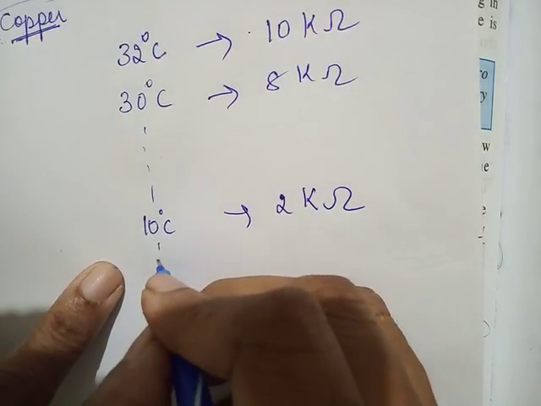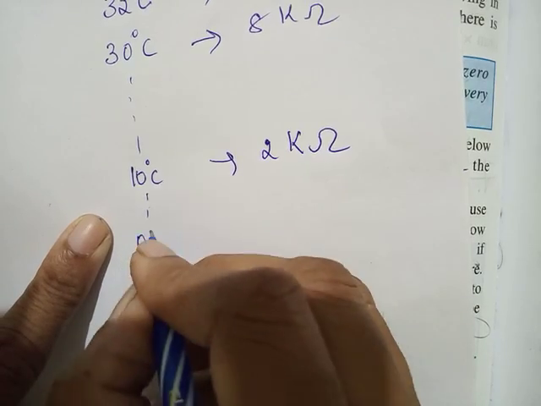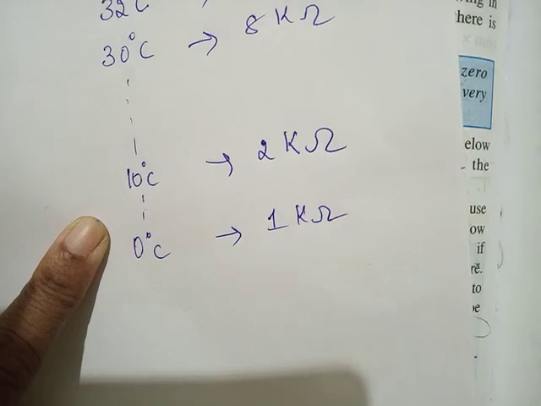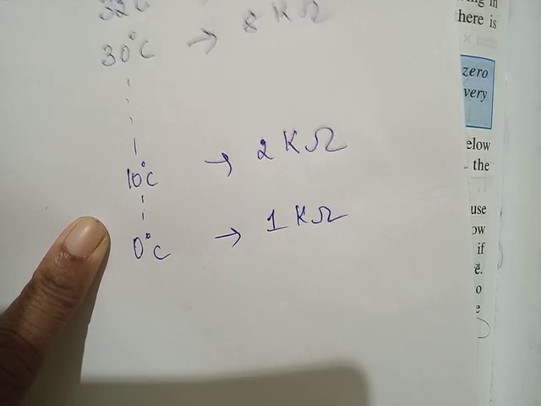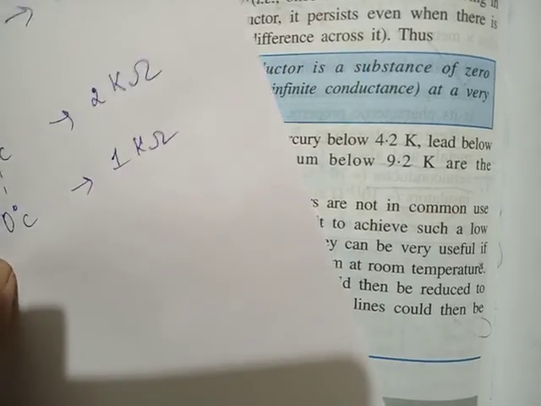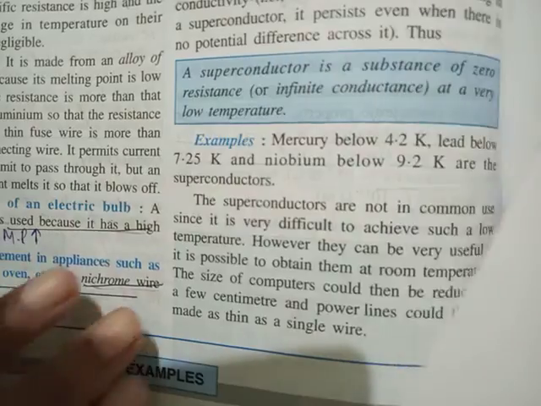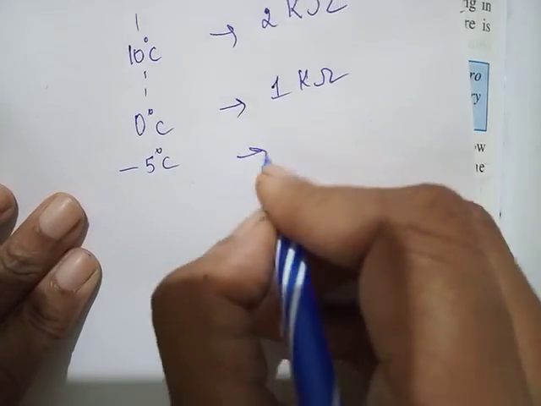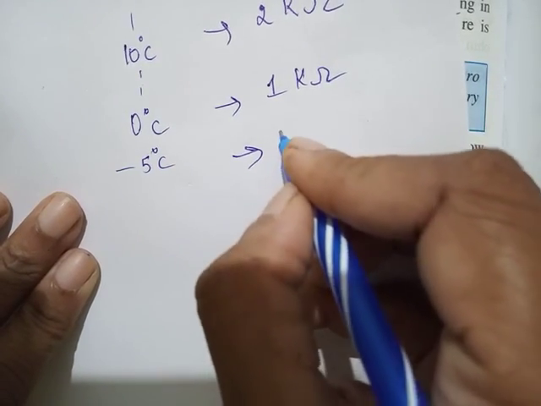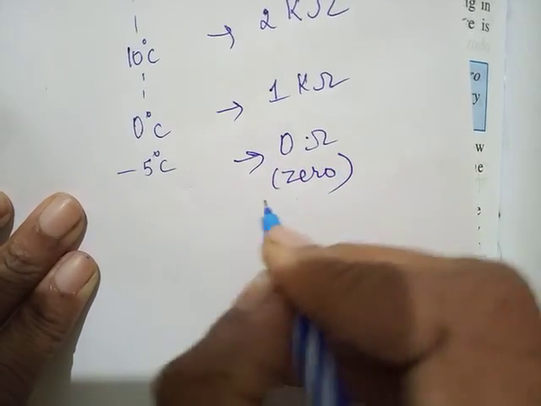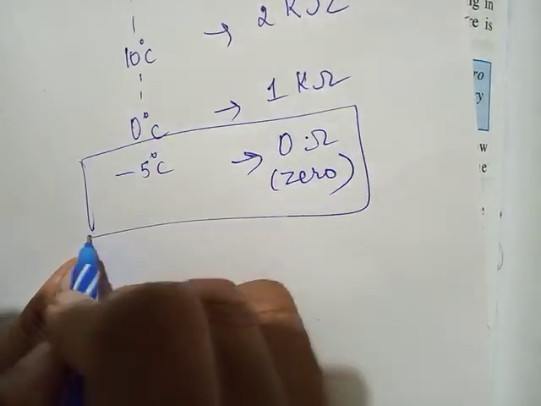Okay, and if I can further bring it down, maybe at 0 degrees Celsius this particular wire's resistance will be only 1 kilo ohm. And if I can maintain 0 degree or even below 0 degree, say minus 5 degrees Celsius, the resistance can even become 0 ohms, which will be really good.